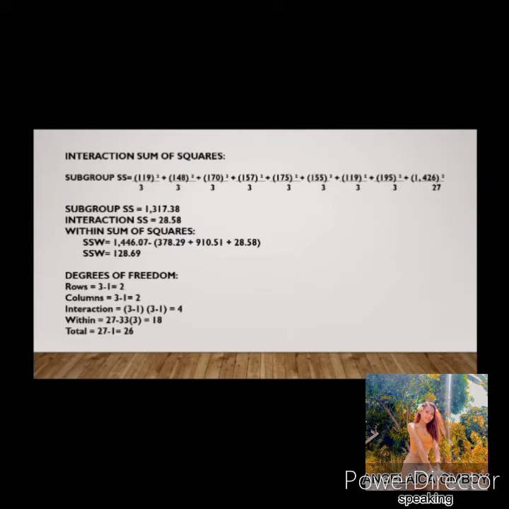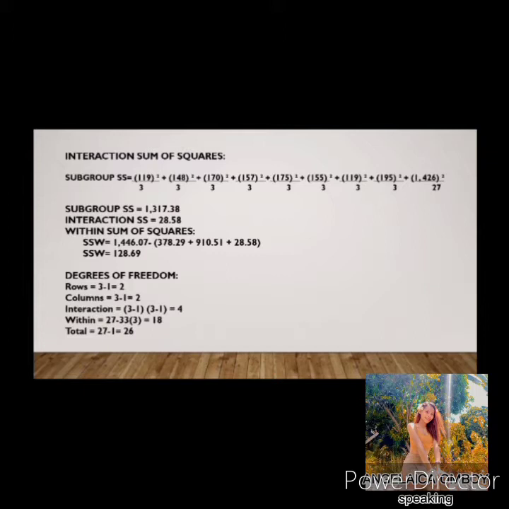Subgroup SS is equal to the quantity of 119 squared over 3 plus the quantity of 148 squared over 3 plus the quantity of 170 squared over 3 plus the quantity of 157 squared over 3 plus the quantity of 175 squared over 3 plus the quantity of 155 squared over 3 plus the quantity of 119 squared over 3 plus the quantity of 195 squared over 3 minus 1426 squared over 27.